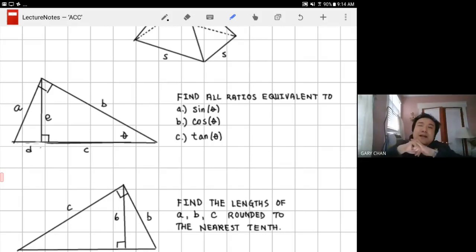So this diagram here, as I've mentioned before, is a classic Regents question. You're bound to see it at least once, maybe in a multiple choice, or at the very least in a free response question in the Regents exam.